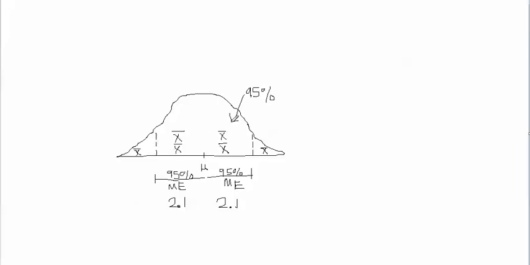The only situation in which you can't calculate the 95% margin of error is if you're taking a small sample from a skewed population. Because remember, if you're taking a small sample from a skewed population, the sampling distribution isn't normal. In that situation, the sampling distribution is skewed just like the population.